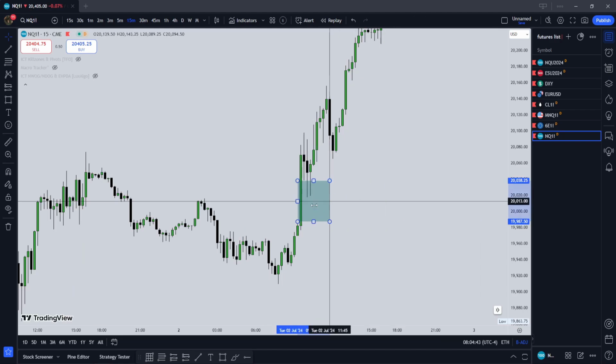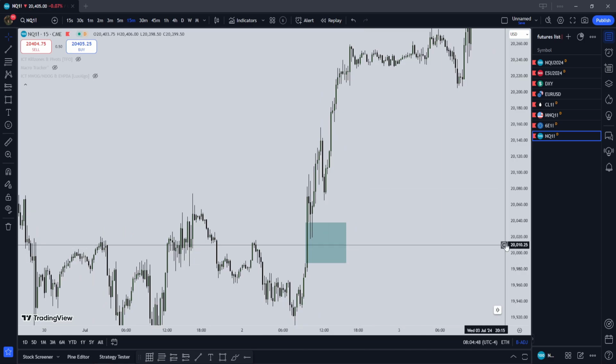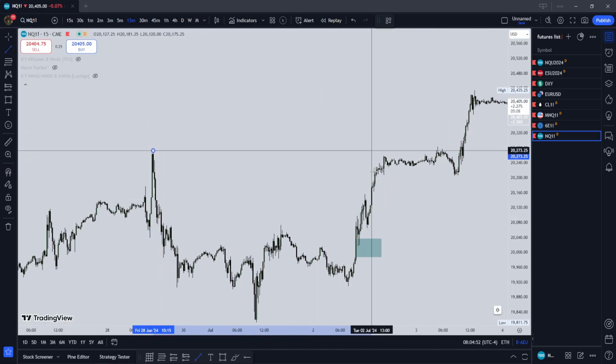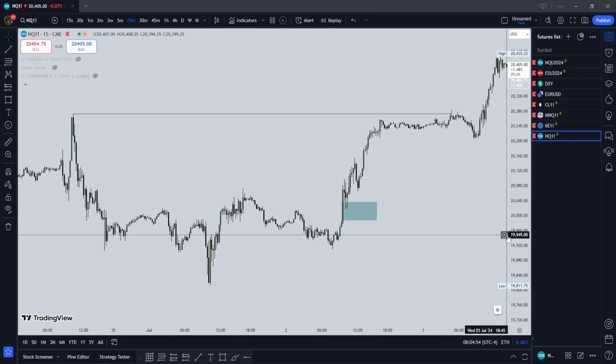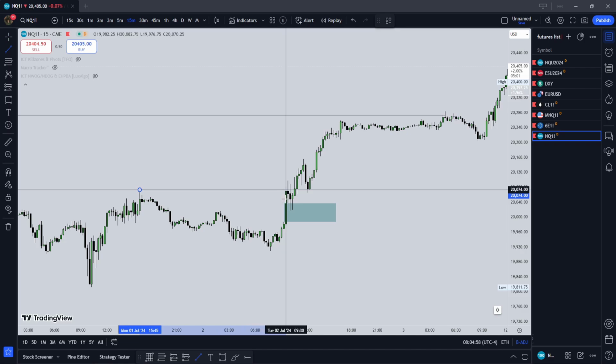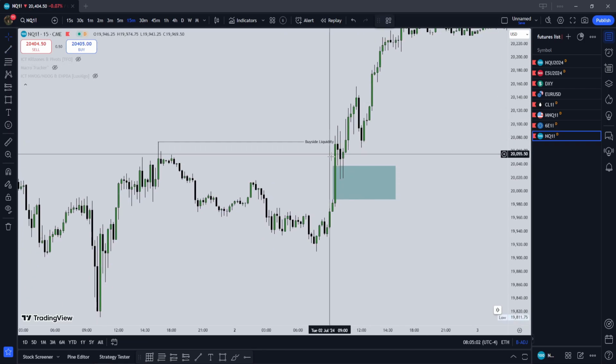This fair value gap is your internal range liquidity. Price comes down into the internal and goes higher to the external draw on the higher time frame. This is what you should be buying, not the liquidity sweep, the original liquidity sweep of buy side, trying to target the sell side, which is imaginary.